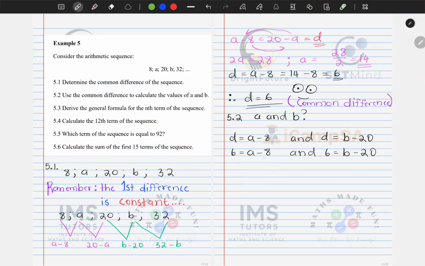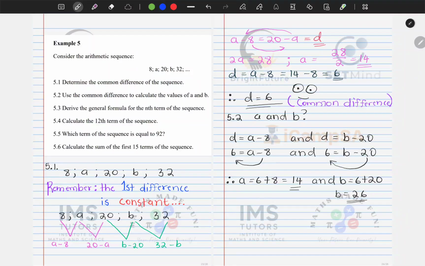So we can just transpose these to the other side, and you will easily see that your a should be 6 plus 8, which is 14, and your b should be 6 plus 20, of which for b we will get 26.